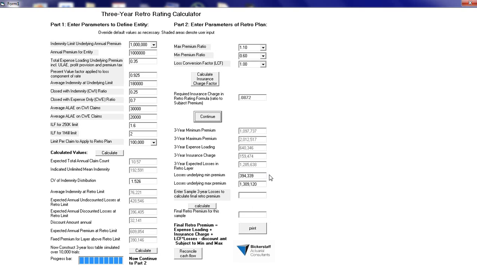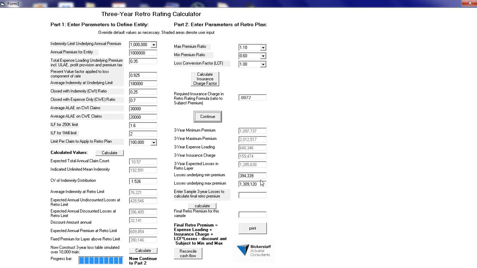So the question is, at what level of loss would produce, using that formula, the minimum premium? The answer, working into the formula, would be about $394,000. So if you plug $394,000 of loss into this formula, you would come up with the minimum premium. On the other side, approximately $1.3 million of losses working through the formula would produce the maximum premium.